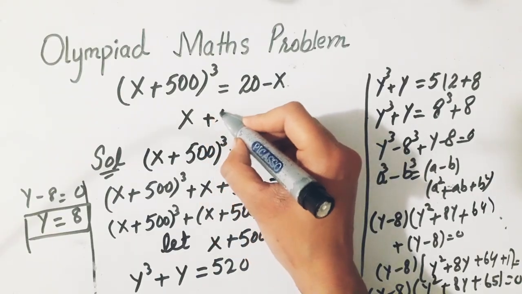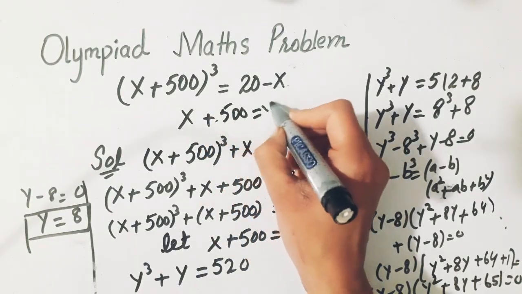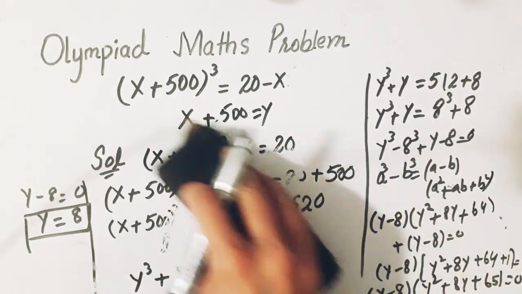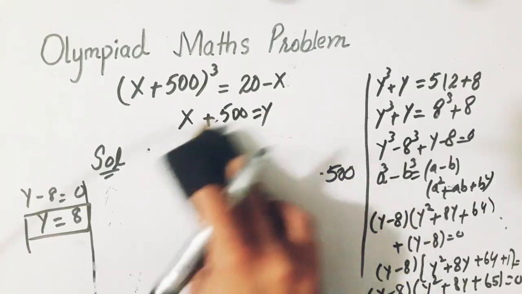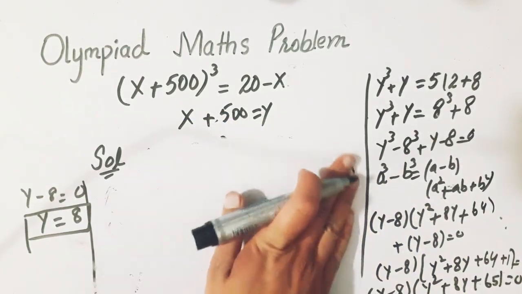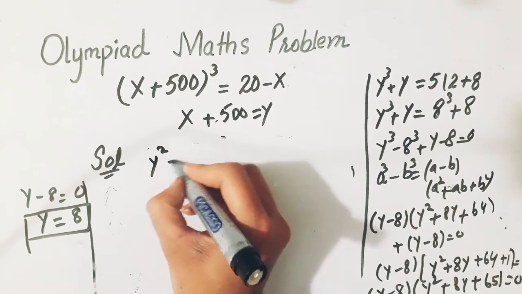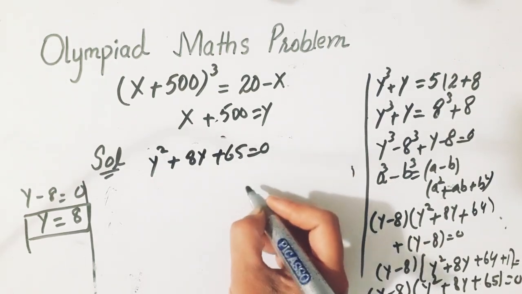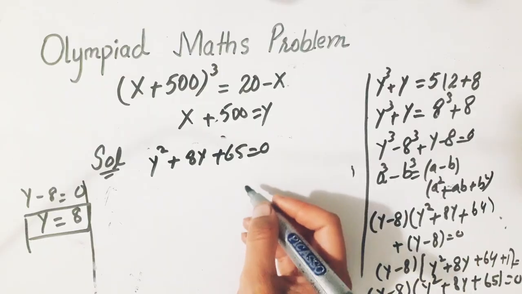We have made the supposition x + 500 equals y. So for the other one, that is y^2 + 8y + 65 = 0, we have to arrange this.